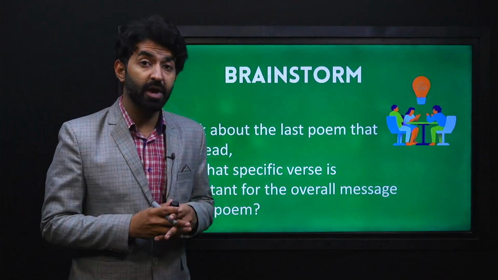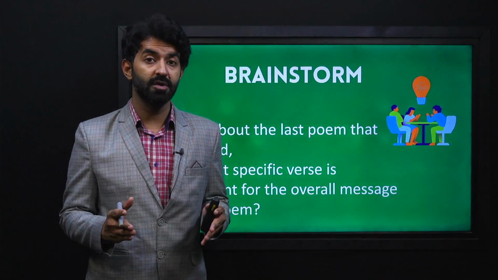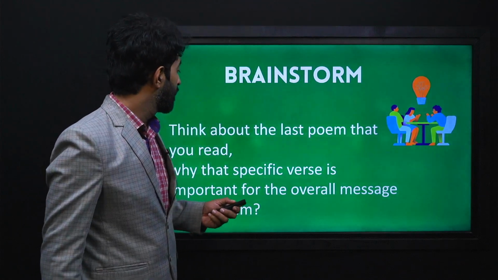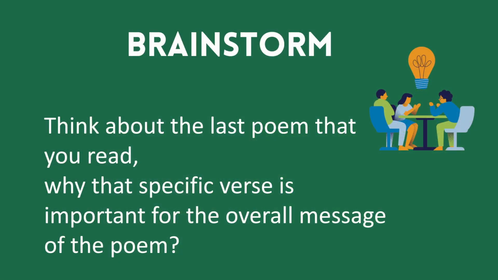And in today's brainstorming session, my dear curious learners, we have a very interesting prompt for you. You may have read so many poems. So think about the last poem that you have read. Why is that specific verse, whatever you are recalling, important for the overall message of the poem?